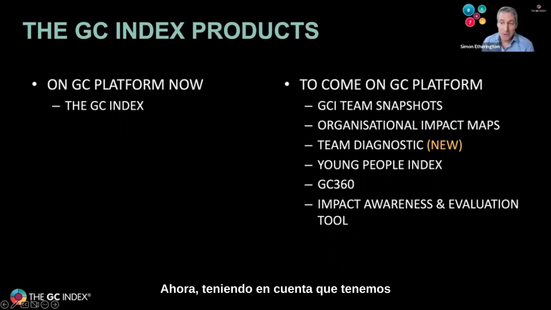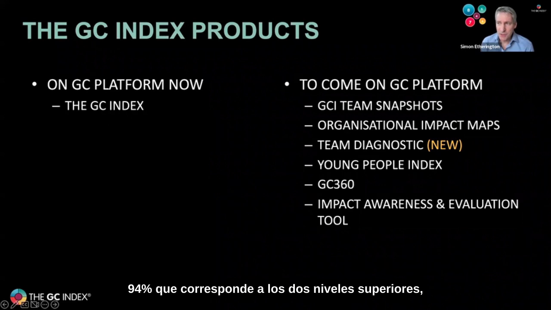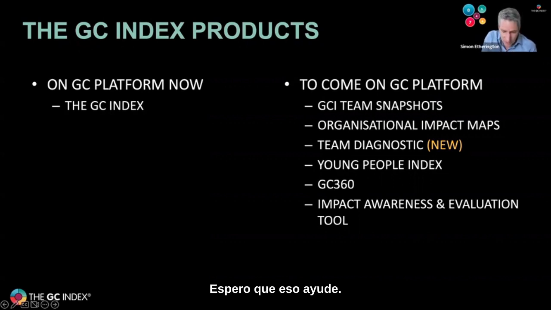Now, bearing in mind that we've got 100,000 profiles, that's not bad, actually. It's very, very powerful. The second question it asks is, how do you rate your impact review? Yeah, and again, that's on a score of 5. That's currently at, I think, about 94% of the top two levels, so good or excellent. Yeah, which is great. So hopefully that helps.